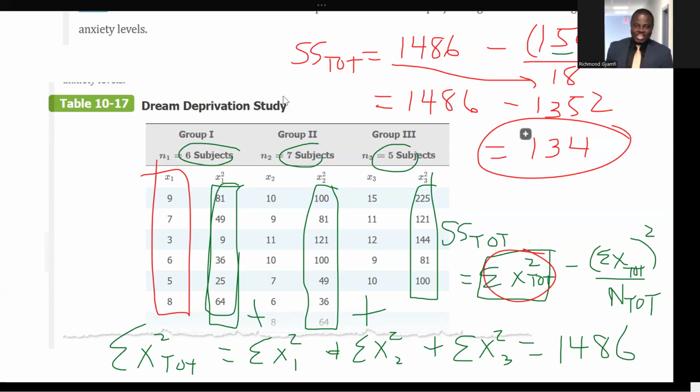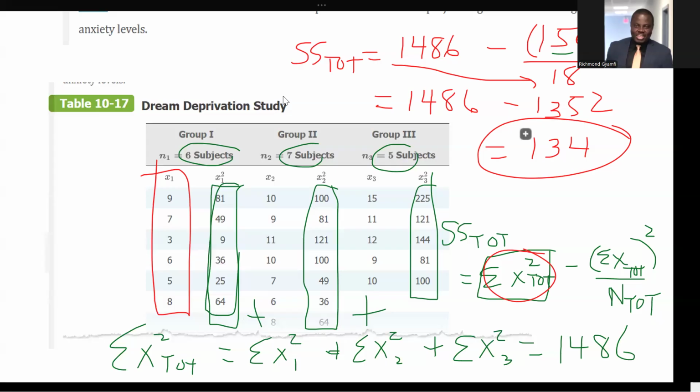Now, remember that the sum of squares total gives us the sum of squares between the groups, and then sum of squares within the groups. So you are going to have variability between the groups, and then also variability within each single group. And that gives you the total.